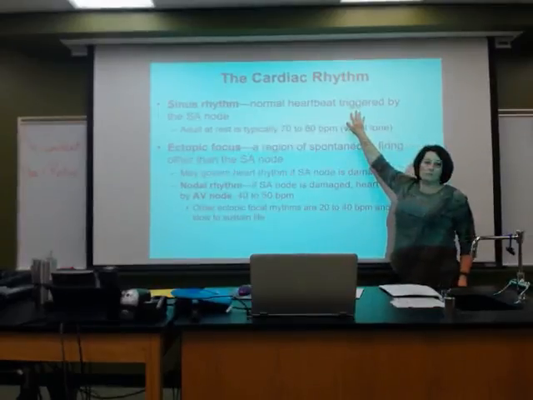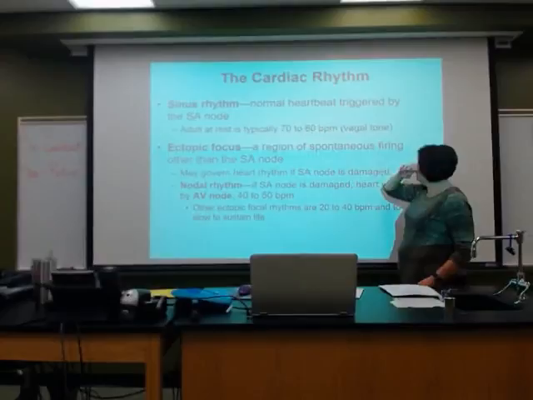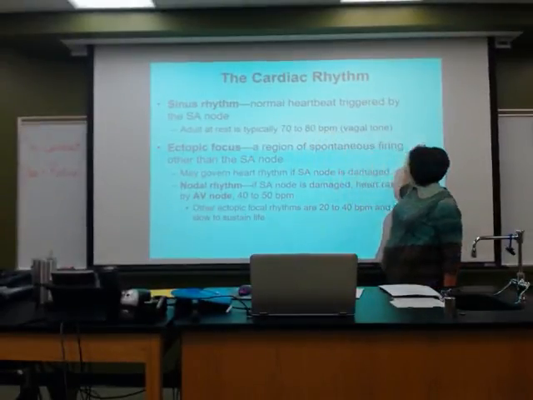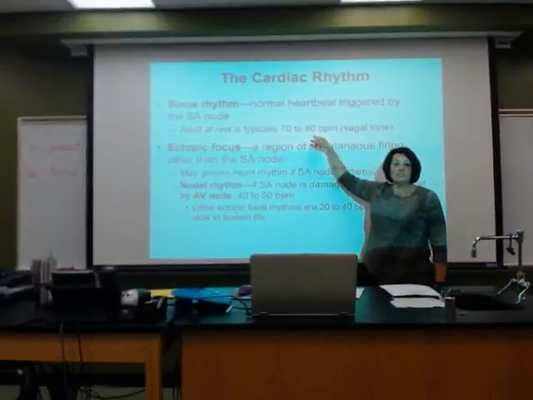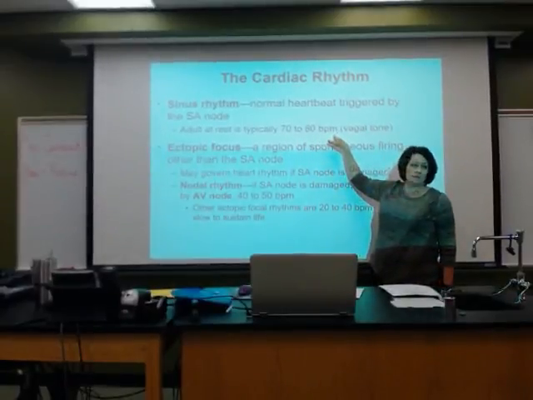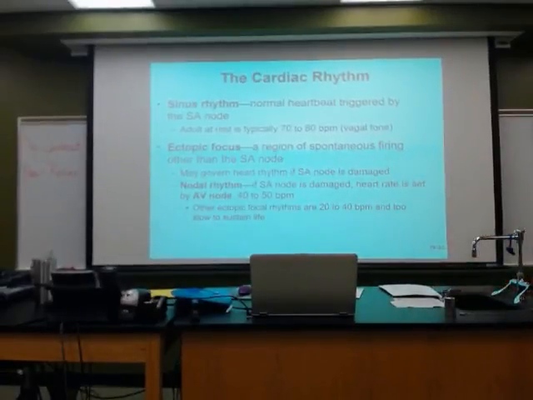Normal rhythm is called sinus rhythm, usually in a normal, healthy adult, 70 to 80 beats per minute. This is termed vagal tone.